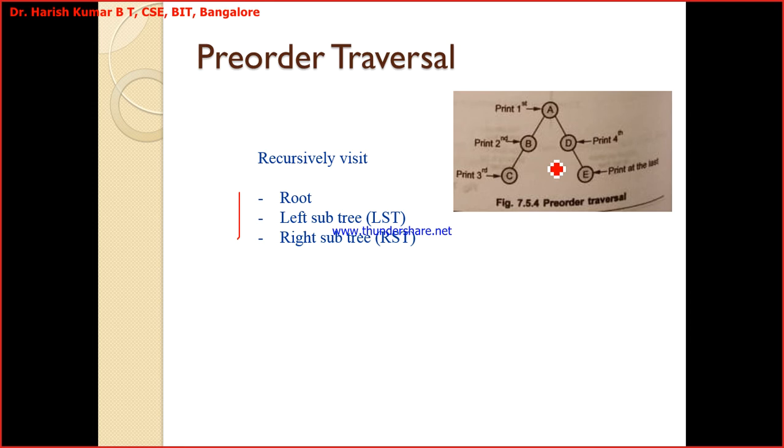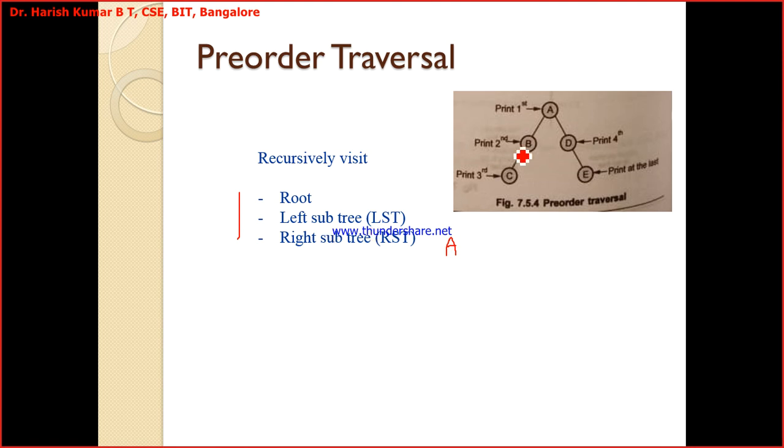Observe now here. Since it says first root, what is the node to be printed first? A. Print A first, and then the left subtree.